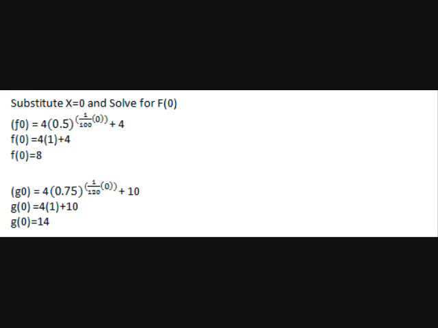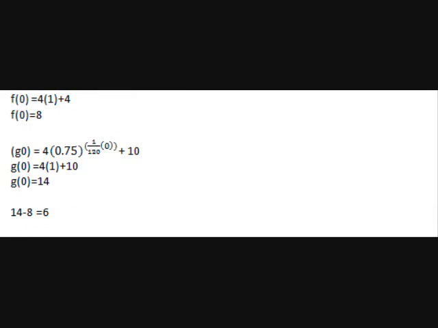As you can tell, the first y-intercept is 8 and the second y-intercept is 14. Then I've subtracted both y-intercepts to see what the distance is between them, and 14 minus 8 is equal to 6, so the distance between them is 6 units, which meets the criteria.